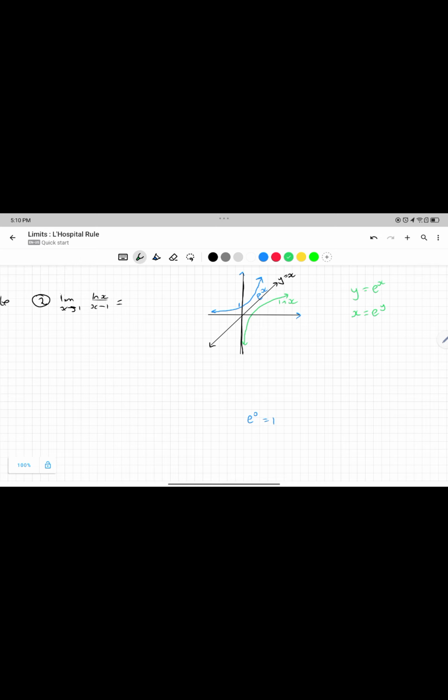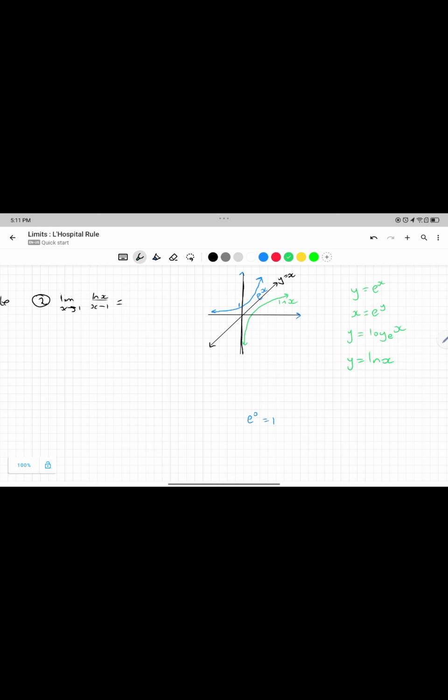Then making y the subject of the formula, we'll have y equals log base e x, meaning y equals ln x.